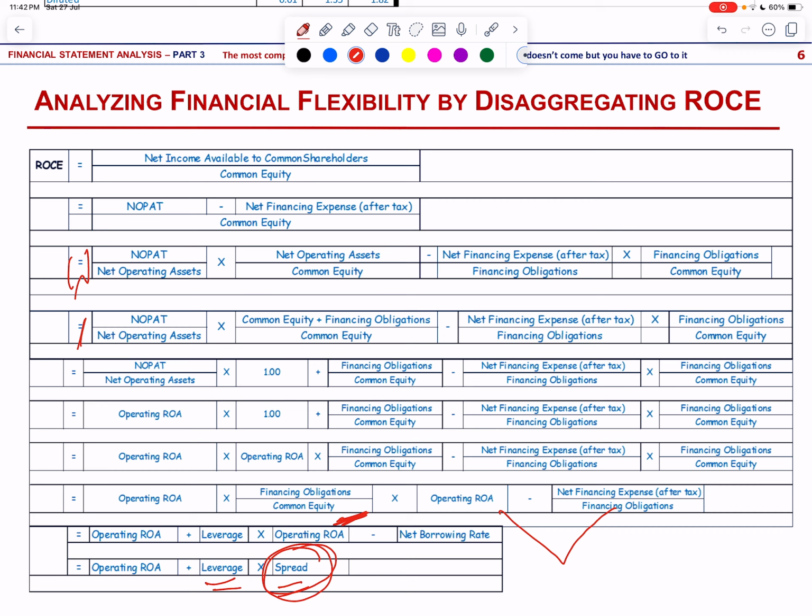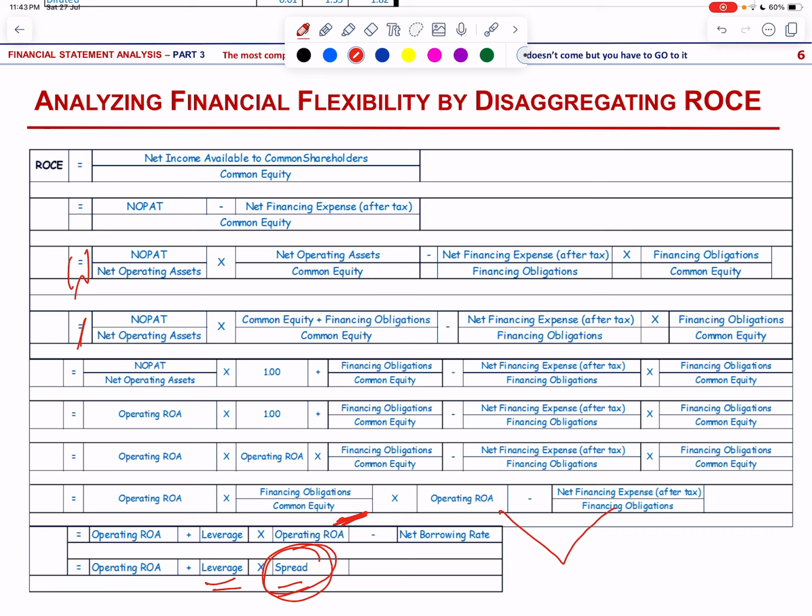A higher spread suggests borrowing could benefit common equity shareholders more. Operating return on asset breaks down into profit margin and net operating assets turnover, similar to return on asset. Profit margin for operating return on asset multiplied by turnover gives operating return on asset.